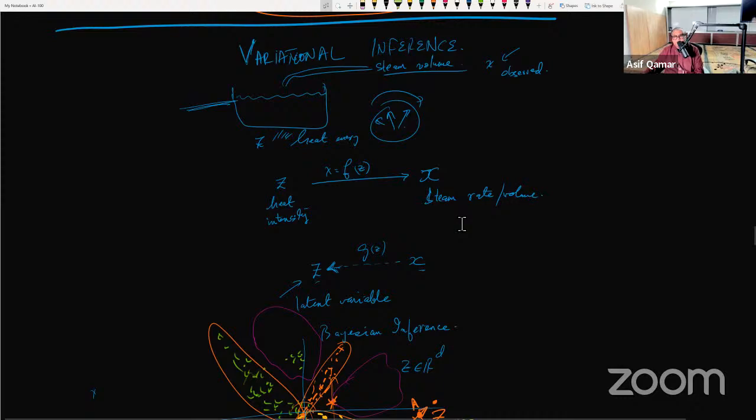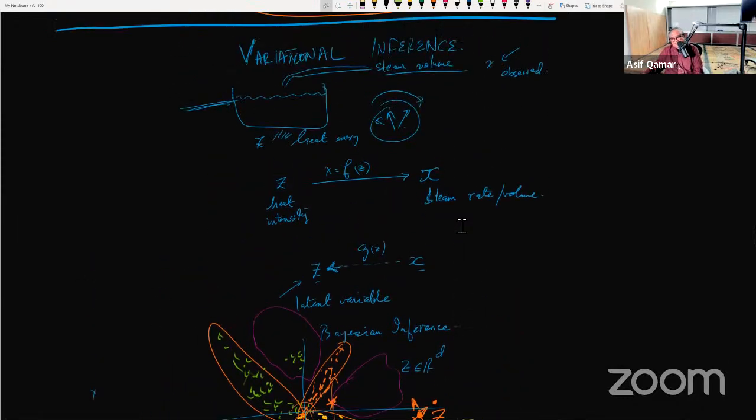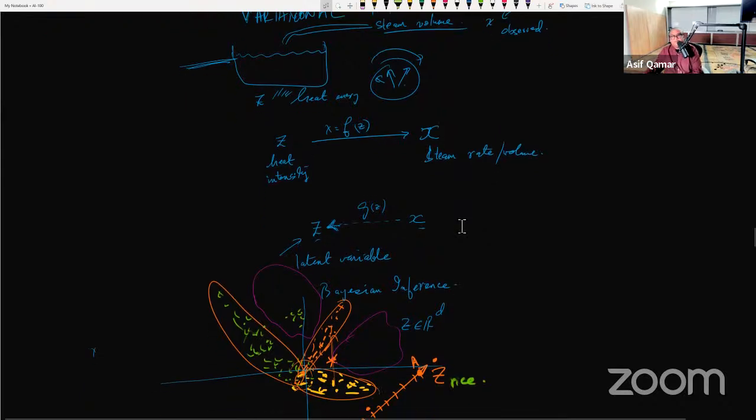Then we came to variational inference. The word inference comes from the fact that sometimes something is hidden that's driving the observable. We took the example of a pot of water that you're boiling.